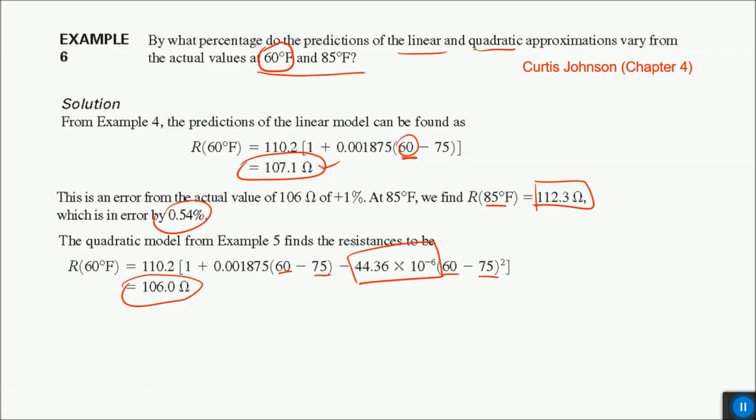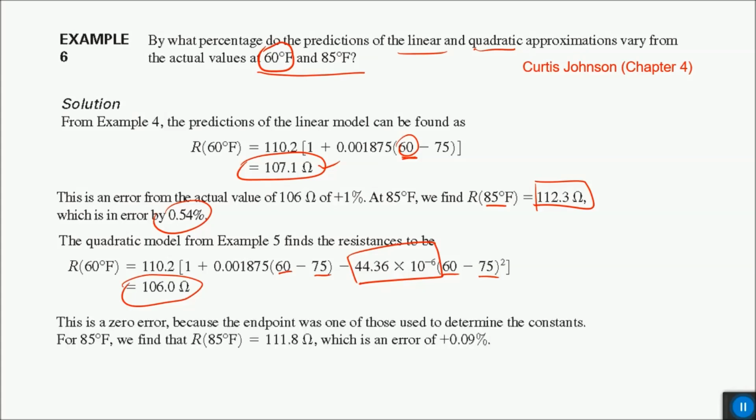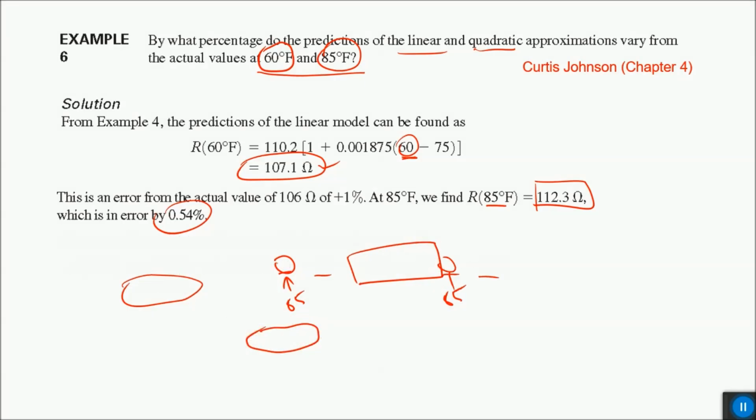How is this alpha 2 calculated? We can find the formula in our textbook. There is a zero error because the endpoint was the one that was used to determine the constants. So let's try at 85 degrees Fahrenheit. Let's put 85 instead of 60 here and here and find the value of resistance, and that comes out to be 111.8 ohms.